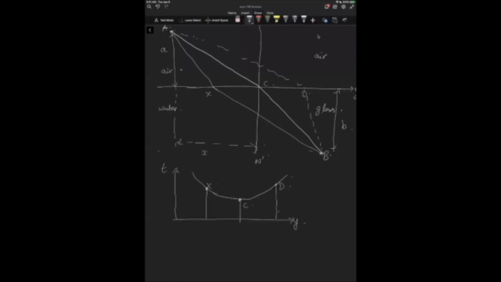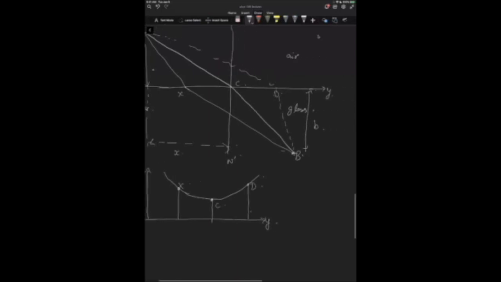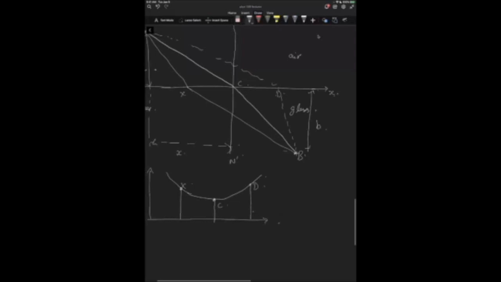Because what we need to know is the location of point C, which is given by the coordinate x here. So maybe I should just have said x right from the beginning. Sorry about that. Let's just call this x, which made more sense anyway.